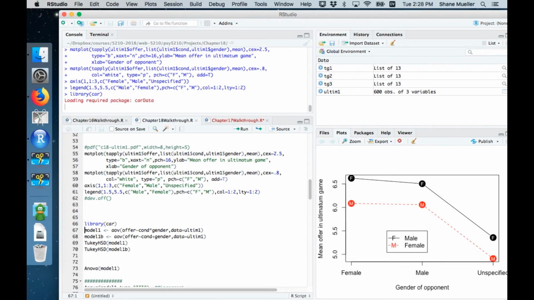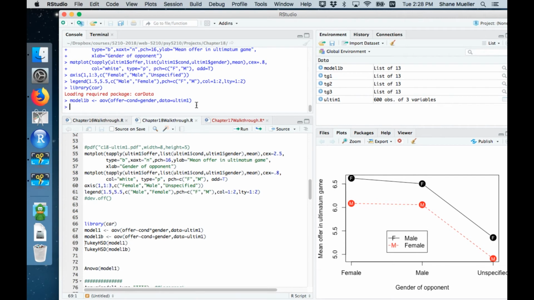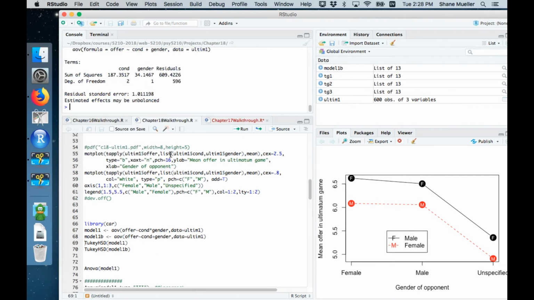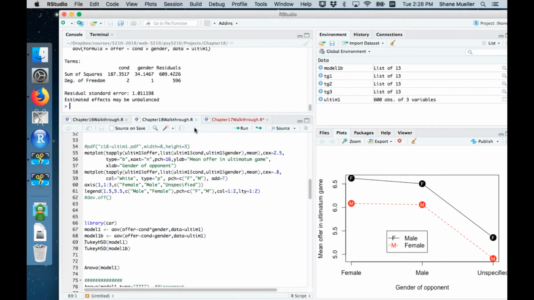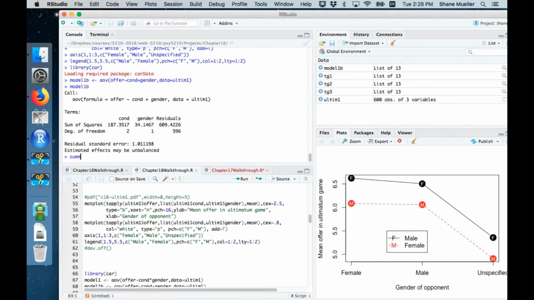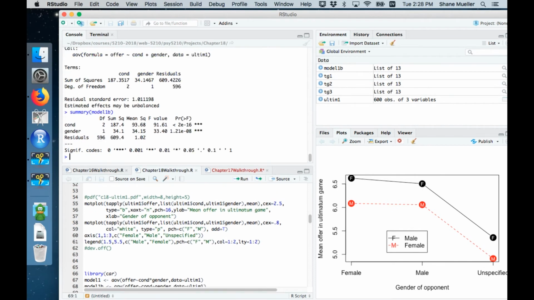So to test this, we could look at the main effects only model, but again, this is a type 1 ANOVA.